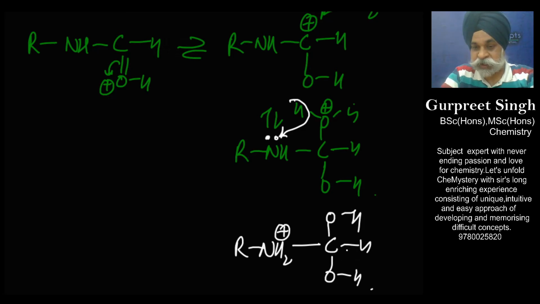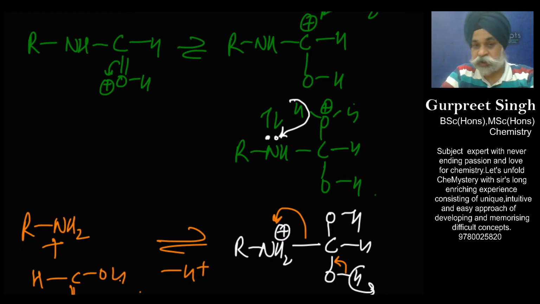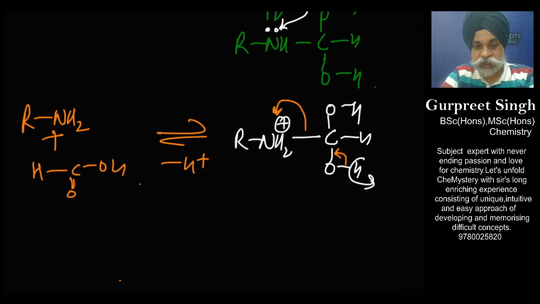Now the last step can be shown like this: the H positive which we have attacked goes out, this bond goes here and this loses the system. So what goes out is the H positive, and you are left with the primary amine along with the molecule of formic acid.